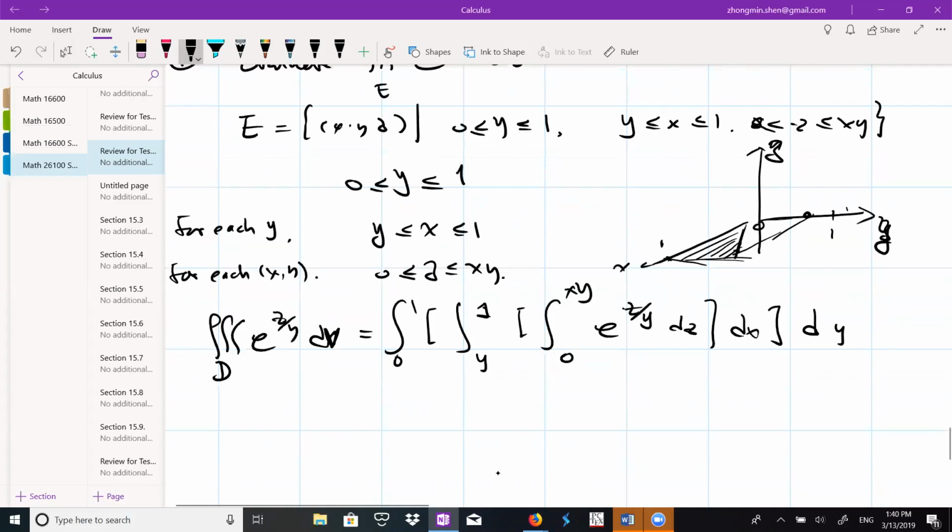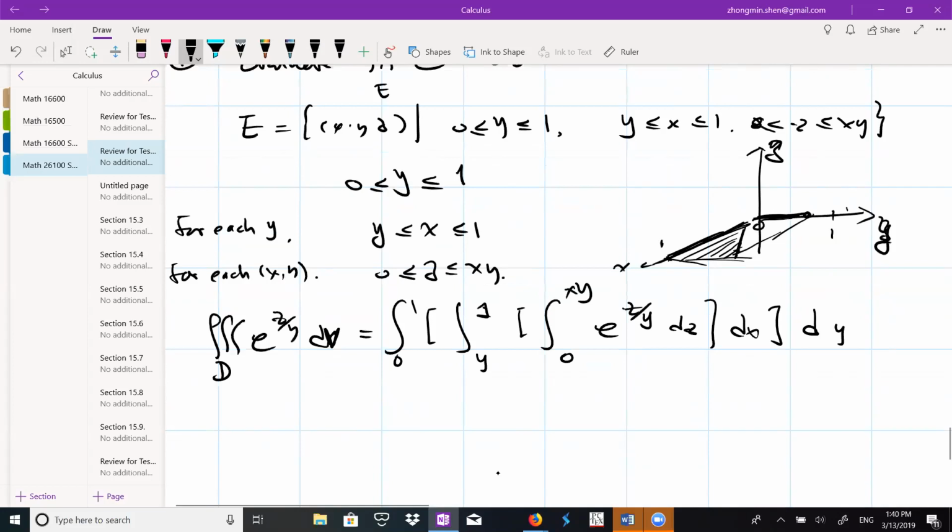Then for each x and y, I have to look at the z. z depends on x and y, it's the upper bound. So x times y along the z-axis is 0, along the y-axis is also 0.